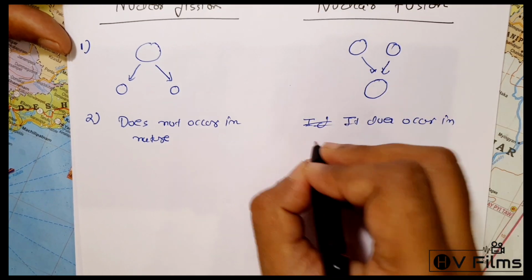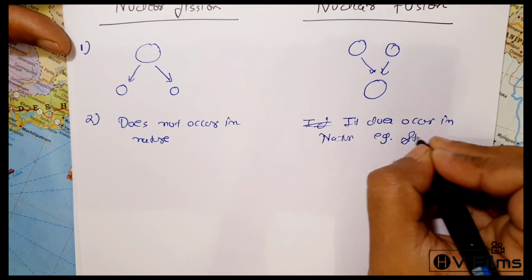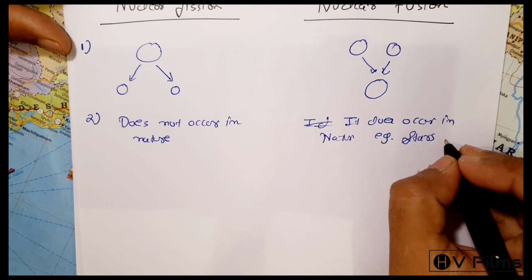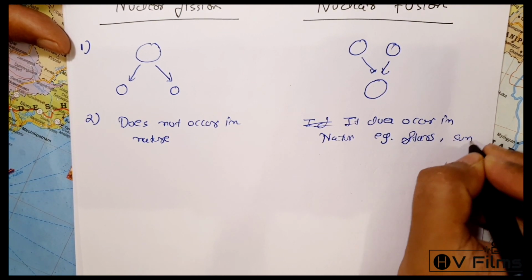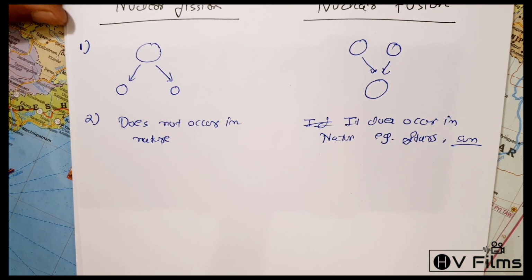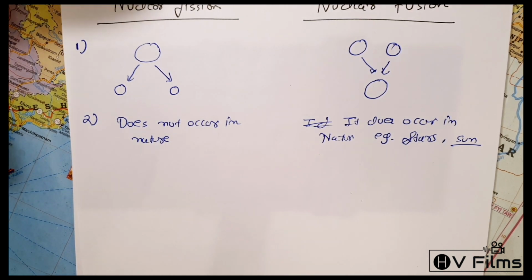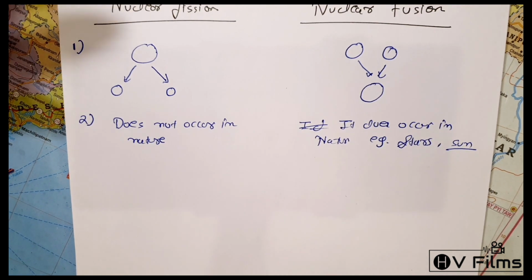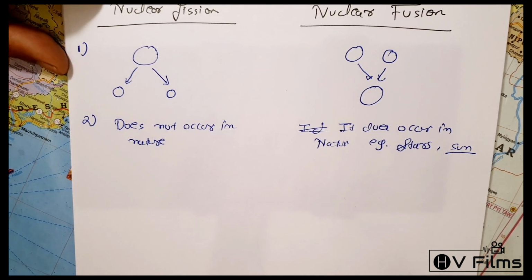The example is basically the stars, for example the sun itself. This is where a huge amount of fuel has been burned, and that is why it has so much energy, and this is why stars are so bright. So nuclear fusion reactions occur in stars. So yes, it occurs in nature.